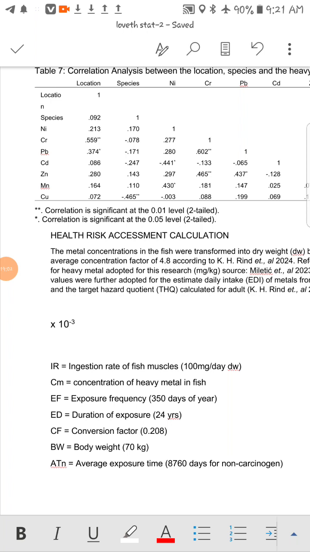So if there is a significant difference among the locations, it will be flagged. And that is what is happening here. So it's basically telling you that there is a significant difference of cadmium between cadmium and Nike at 0.005. So that's just it.